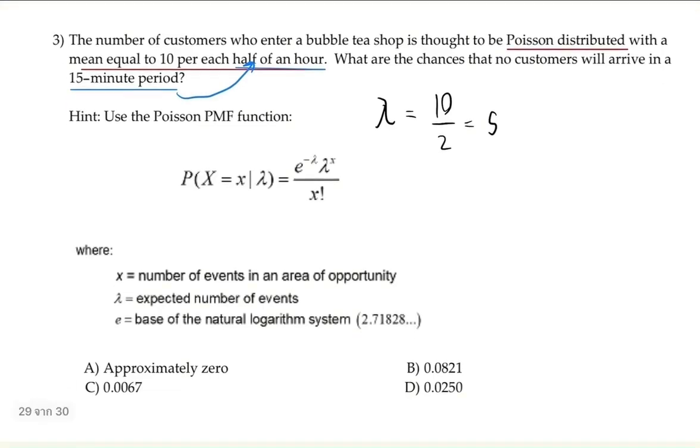Then the number of events in the area of opportunity: we want the chances that no customers will arrive, so x is equal to 0.